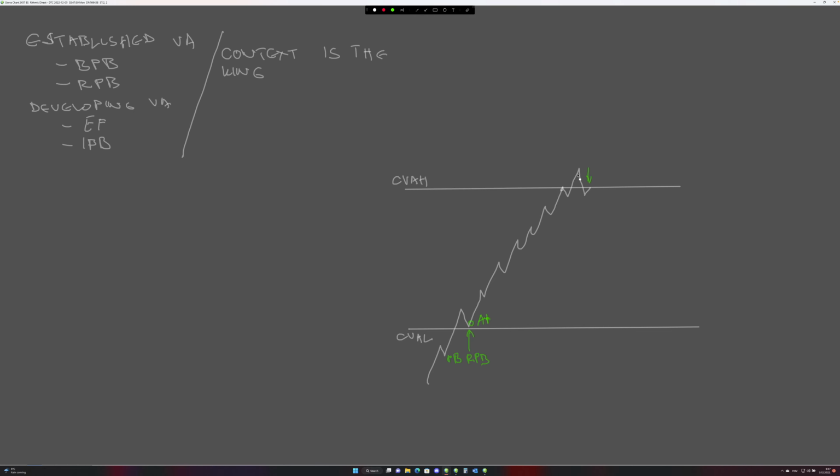As we are outside of the fair price for this composite value area, and actually any value area is fair price, buyers are not interested in buying at these higher prices, and sellers are surely interested in selling at higher prices, or at least in the upper part of the value area.